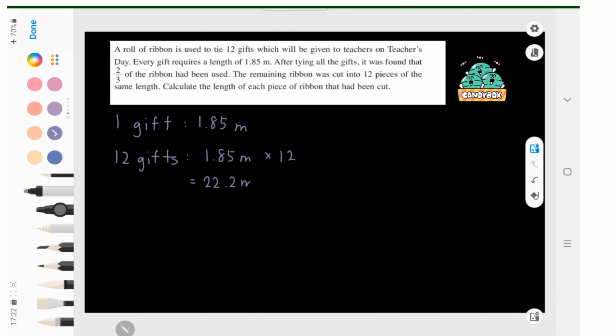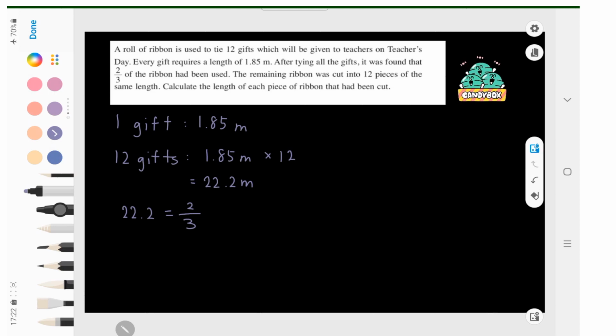So 12 times 1.85 is equal to 22.2 meter. So we know that 2/3 of the ribbon had been used. So 22.2 represents 2/3.